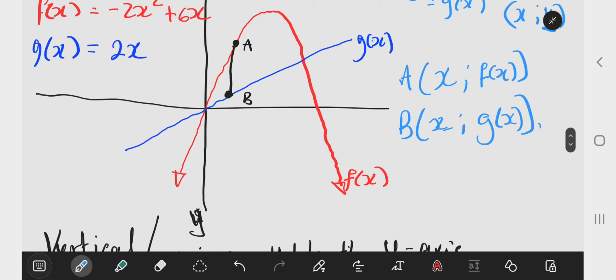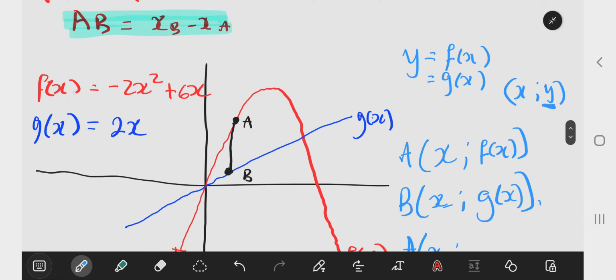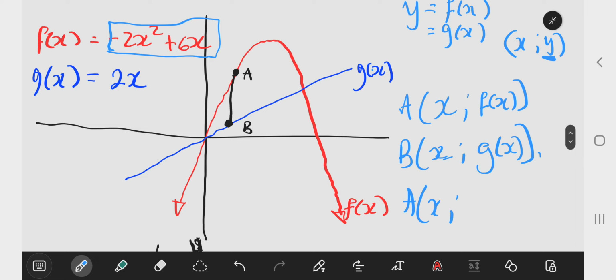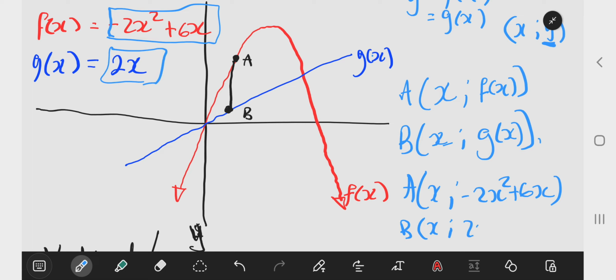Okay, so asiwafanelizele ama coordinates wethu. A kuzoba x into f of x wethu la siyabona ukuthi ungu minus 2x squared plus 6x. So instead of ukuthi ngibhale lo f of x ngizobhala lo minus 2x squared plus 6x, and then i-coordinate ka B kuzoba x, and then y wakhona sithi g of x, and g of x ungu 2x lapha.